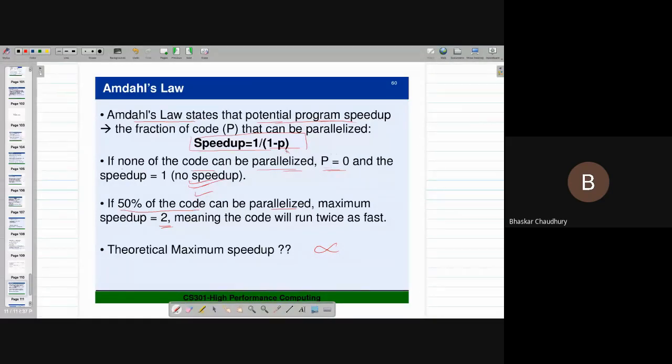If p is equal to 1, then you get an infinite speed up. So theoretically, yes, the maximum speed up is infinite, but in reality there is always something which has to be done serially. So even if s is equal to 0.0001, I can clearly see that there is a bound, a limit to how much you can get. This part is clear to all of you?